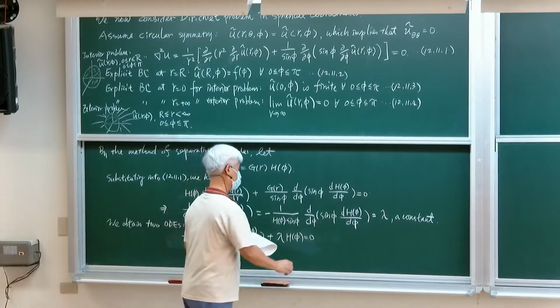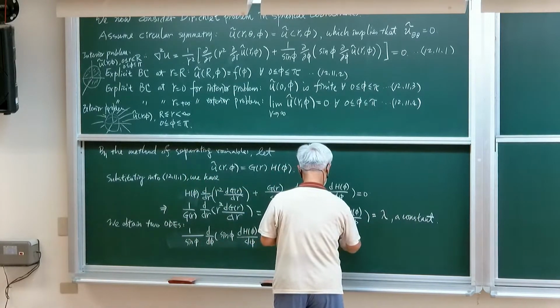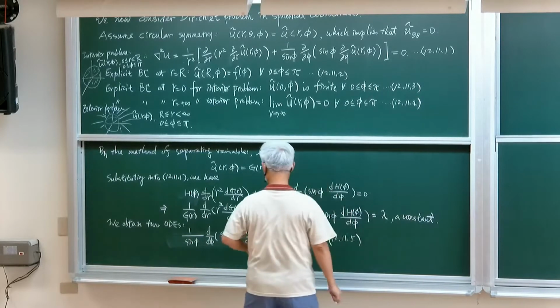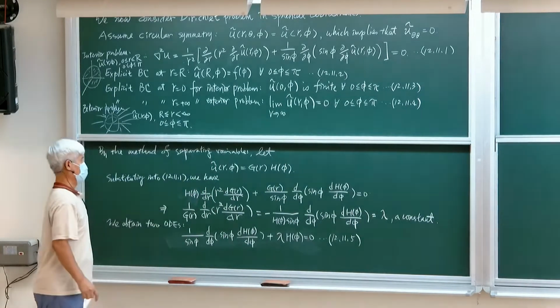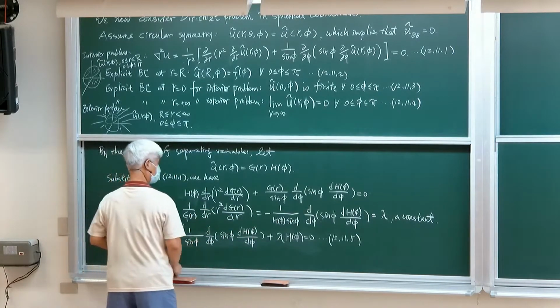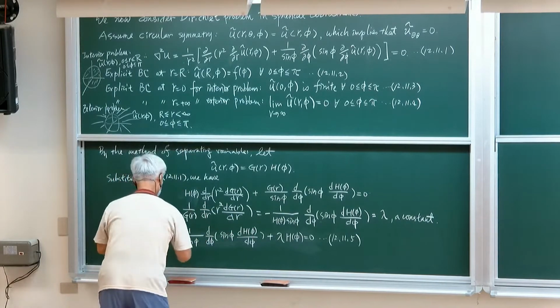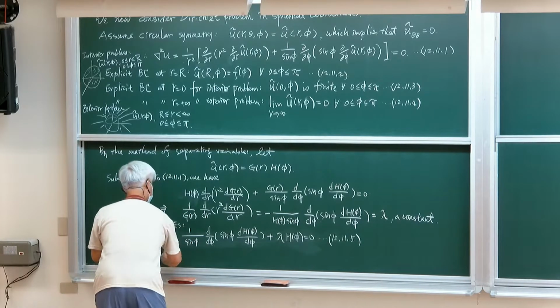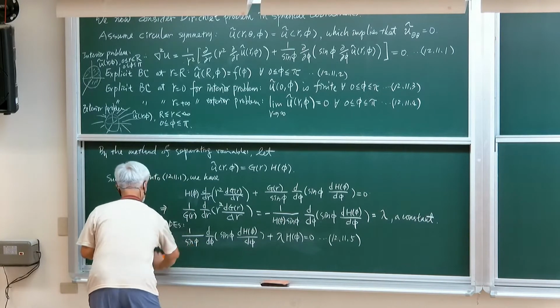Okay, so we call this 12.11.5, the equation about h.